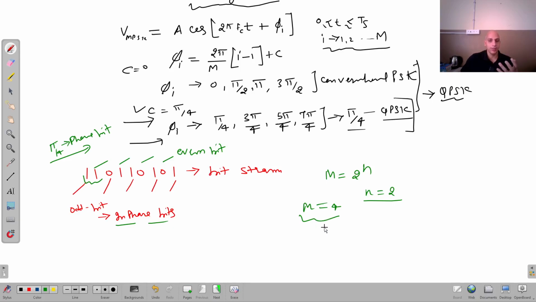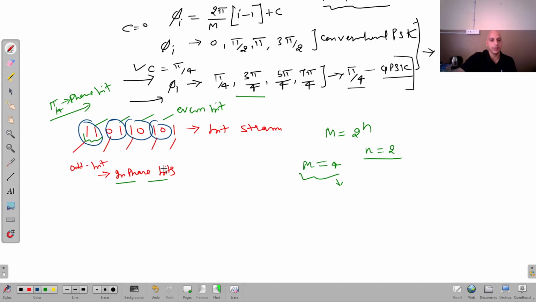They are called symbols. 4 symbols are used for representing the information, or 4 different levels are used, and 4 different angles will be used, right? You can see here, this is also the case when M is equal to 4, right? Now n equal to 2 means we are considering the combination of two bits. So you can see from here, we are taking the combination of one in phase bit and one quadrature phase bit, right, in all these cases. So this is the way of doing the QPSK. I'm showing you how it is achieved in actual practice.